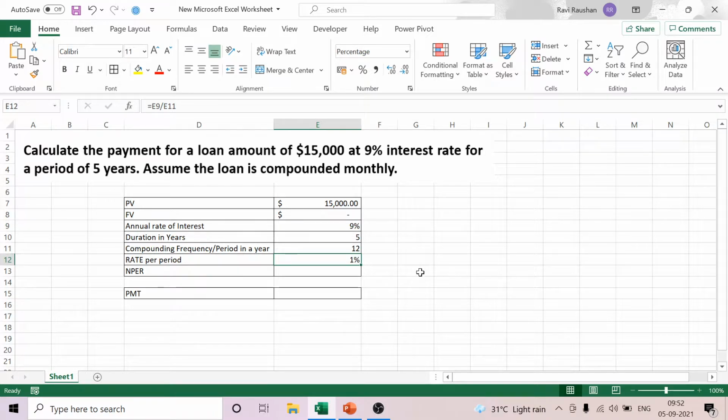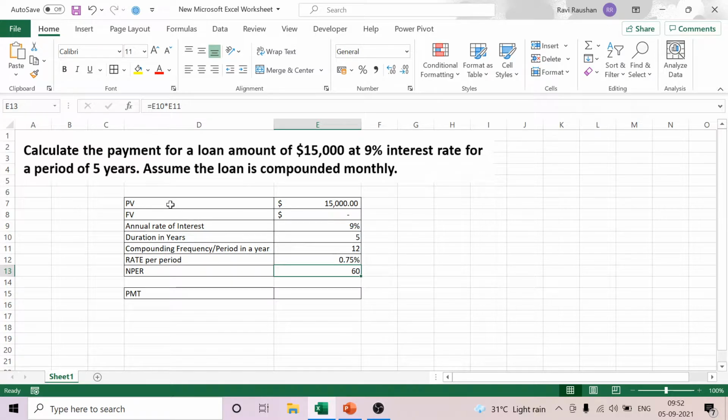Now see, always remember if it is coming at 1%, no decimals, it may be an illusion. So it is better to increase the decimals to see the exact rate per period. It is 0.75%. Now NPER that you can calculate is, you see this is your duration in years and the compounding factor is 12. So you got your NPER.